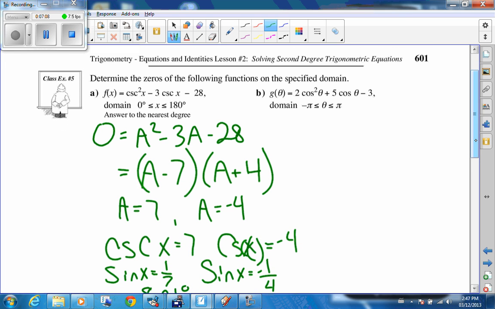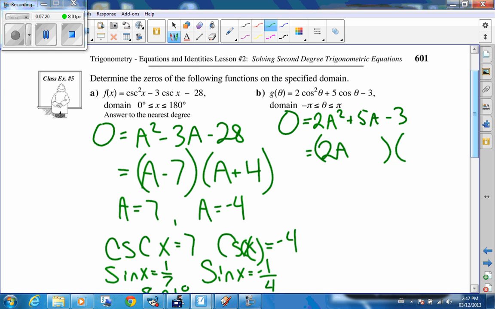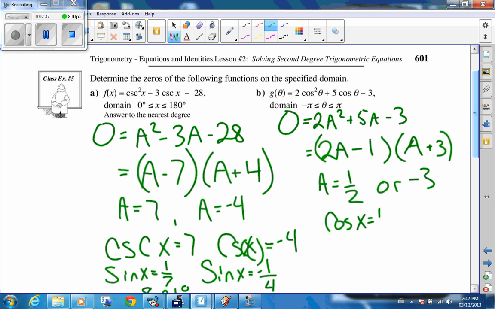In this one here, I'm going to do basically the same thing. 2a squared plus 5a minus 3 equals 0. And then this is going to be 2a minus 1 and a plus 3. So a equals 1/2 or negative 3. But what that really means is that cosine of x equals 1/2 or cos of x equals negative 3.